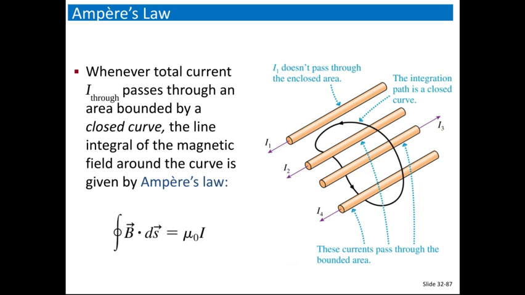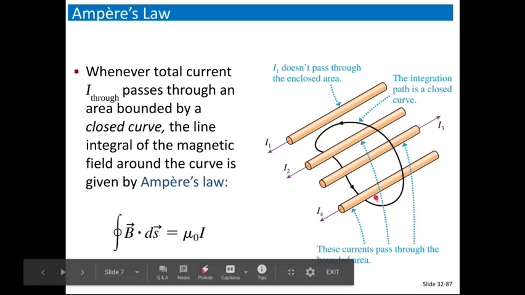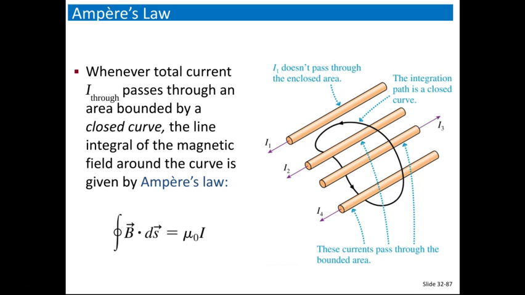There will be symmetry with respect to the current-carrying wires. We'll either go with a circle or a square or a rectangle, depending on what the geometry of the situation entails.